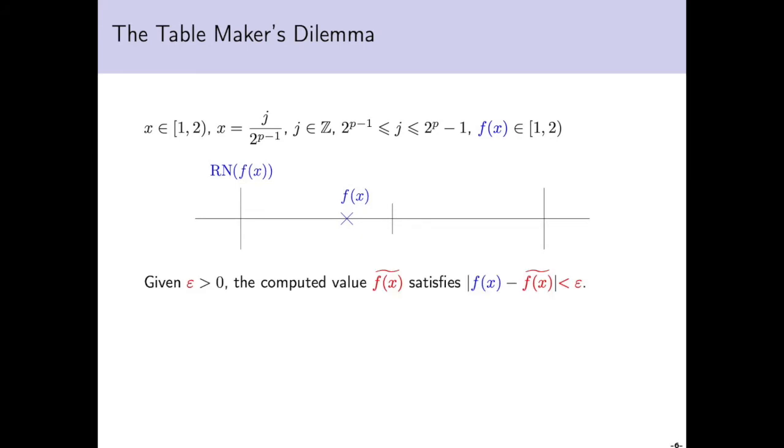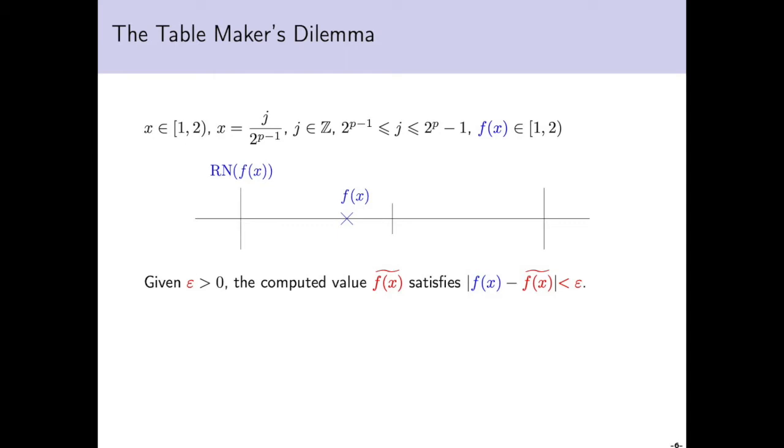So I use an approximation, for instance, a polynomial, a rational fraction, something like this, to compute a value as close as I wish to my exact mathematical value. Okay, so the computed value, this is f(x) tilde, and its distance to f(x) is at most epsilon, an epsilon that I choose.